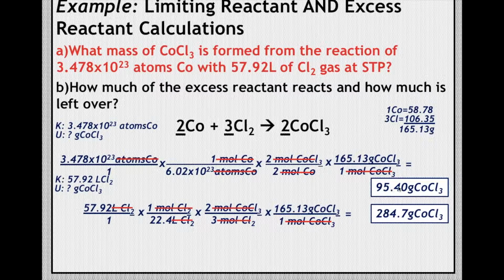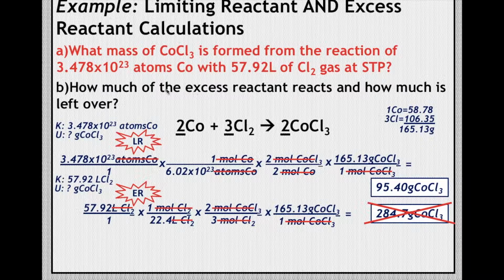So 95.4 is smaller than 284.7. So that means this is the limiting, this is how much you can make, okay, given those two numbers. This is the most we can make, and the limiting reactant is cobalt, okay? So that means the limiting reactant is cobalt, okay?